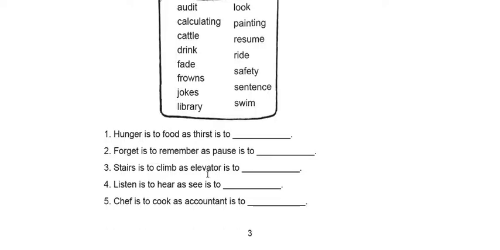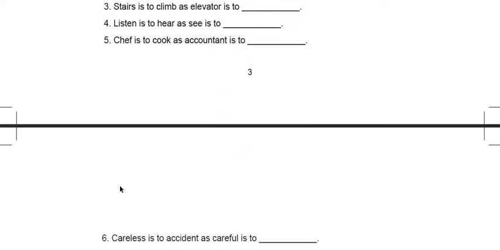Okay, so try to analyze the first pair for you to find out the word that you need to supply to complete the next pair. And again, analyze the first pair for you to answer the second pair. Because in analogy, we have 2 pairs of words.